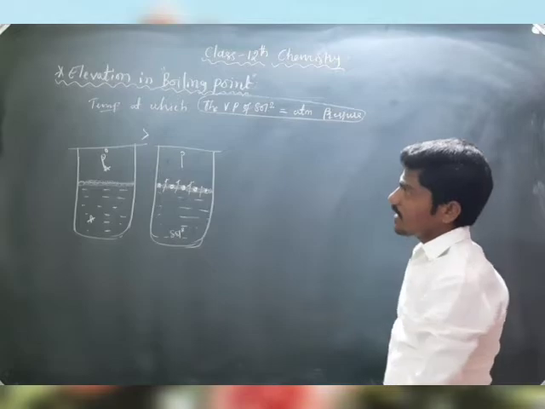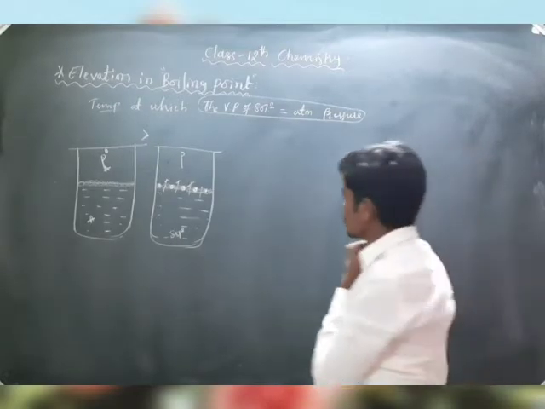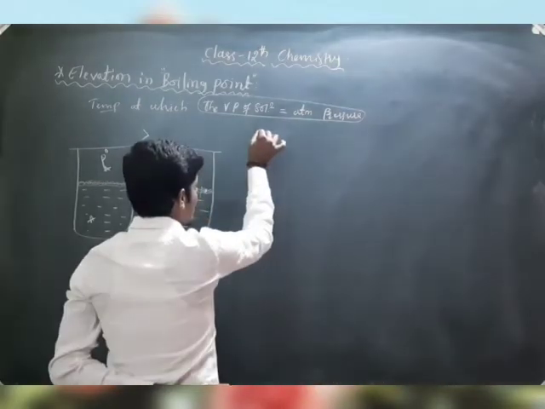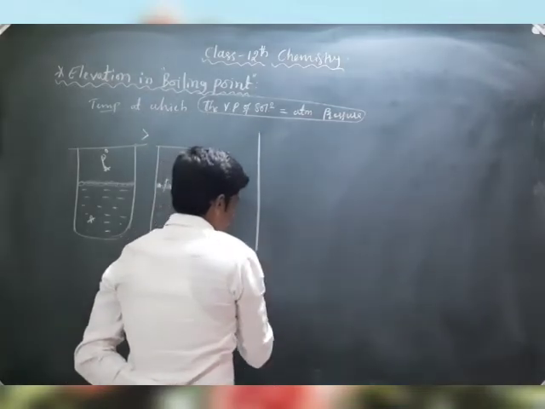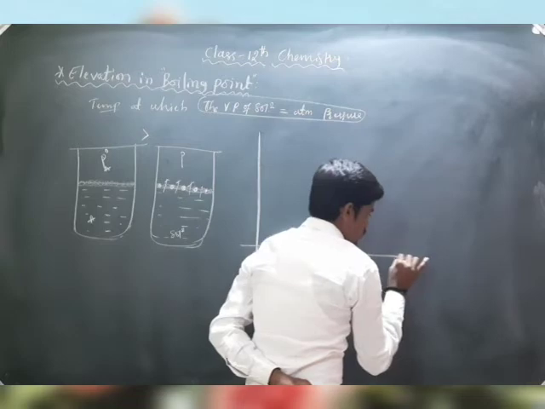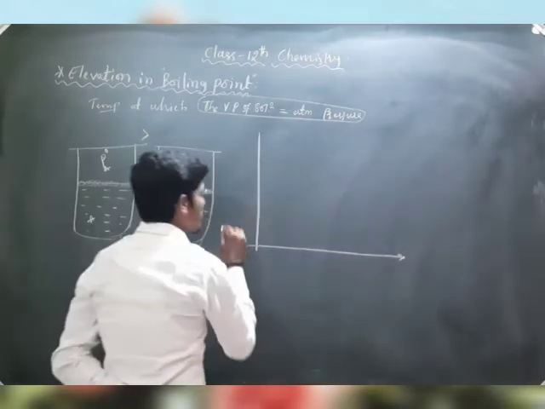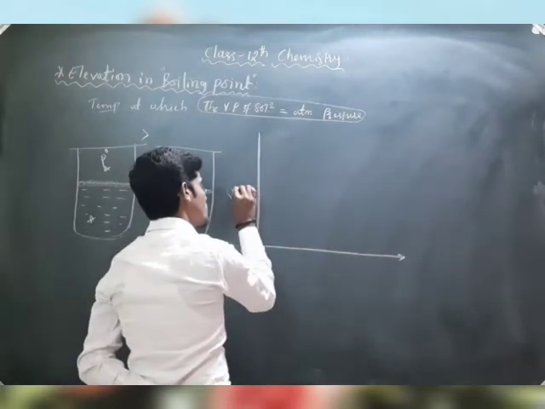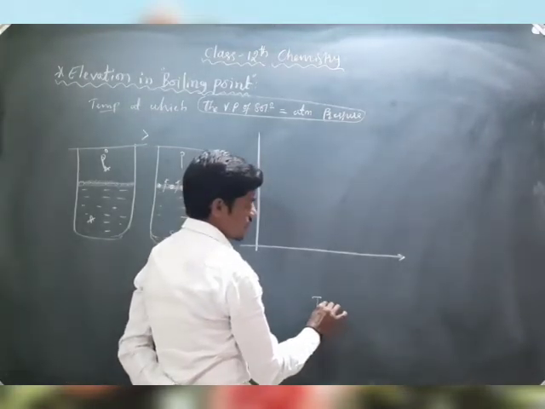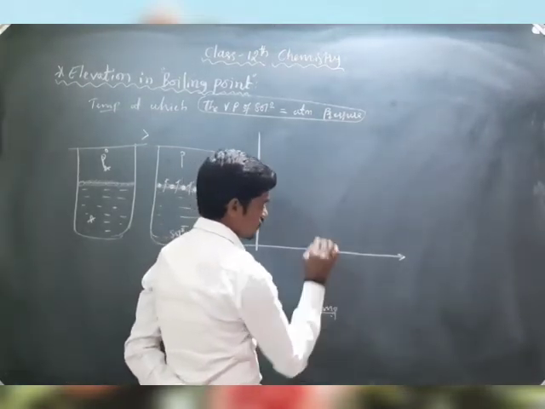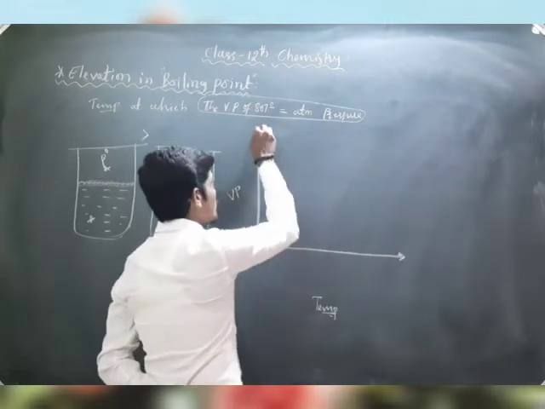Now, elevation in boiling point. This can be expressed graphically. Let us see the explanation of elevation in boiling point graphically. On the y-axis we take vapor pressure, and on the x-axis temperature, so temperature versus vapor pressure.